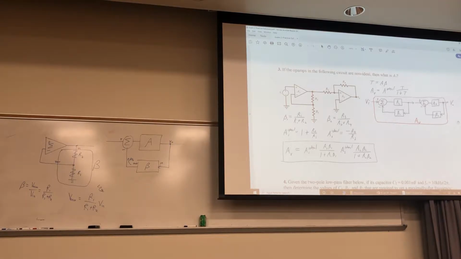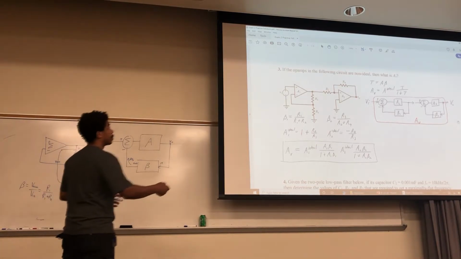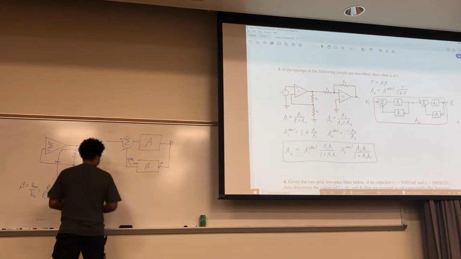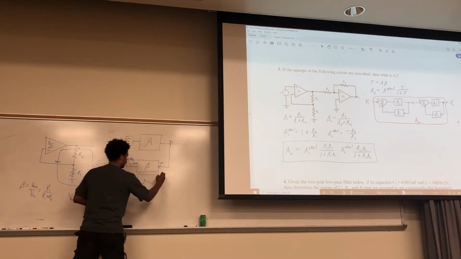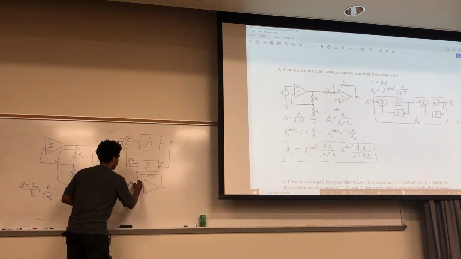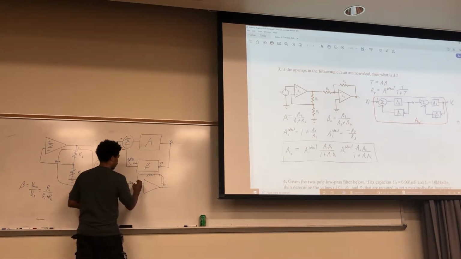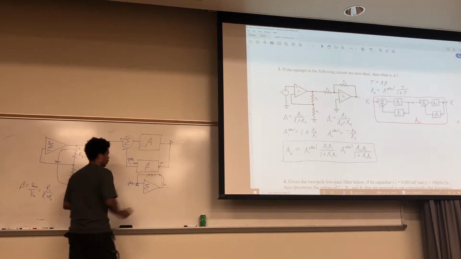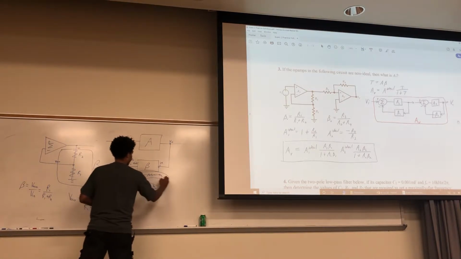And you could do a similar argument for the other circuit right here, where you have that kind of feedback loop. Here's the input going in this direction, and here's the output right here. Here's your summer and your A, and all this right here is your beta.